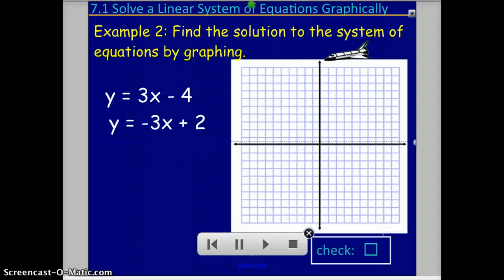Moving on, we have two separate equations, and again we're going to determine the point at which both of those lines intersect. Once we mark the point in the ordered pairs, we draw a line through.